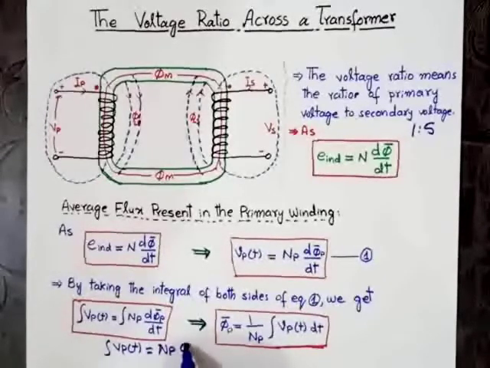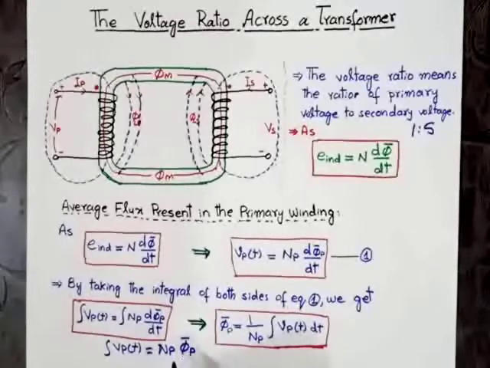is equal to Np into phi p dash, and here the value of the average flux across the primary winding will be found because Np is multiplied with the average flux.